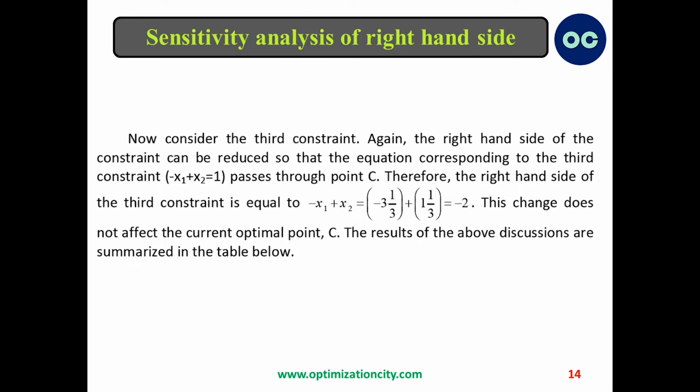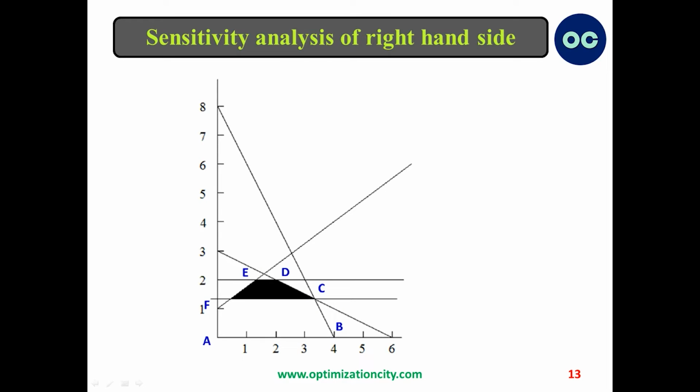Again, similarly, we can decrease the right-hand side of this constraint such that the equation here, minus x1 plus x2, which is the third constraint, passes through point C. So the right-hand side of the third constraint becomes... you just need to put point C in this equation.